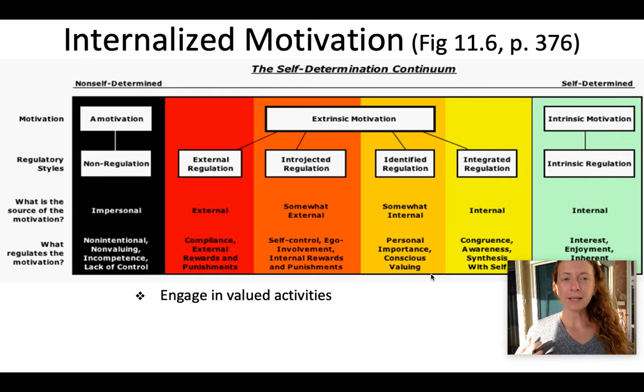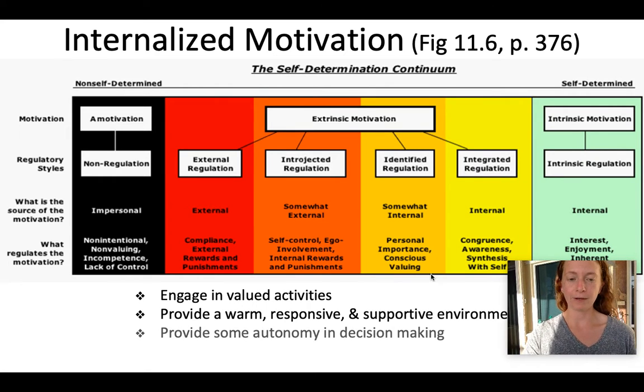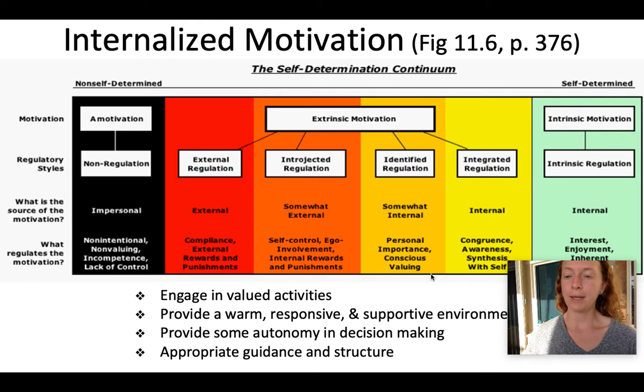And just promoting motivation in terms of autonomy, mastery, and relatedness. You want to engage your students in valued activities, provide that warm and caring environment, of course, some autonomy, and you're just getting to know your learners and seeing when they need it, when they don't want it or need it, and your appropriate scaffolding.